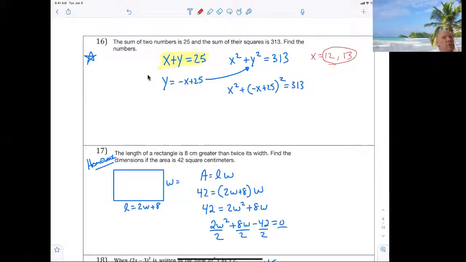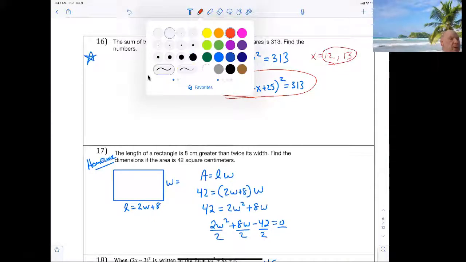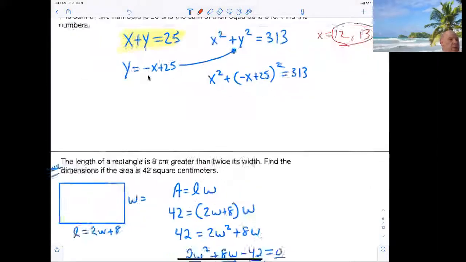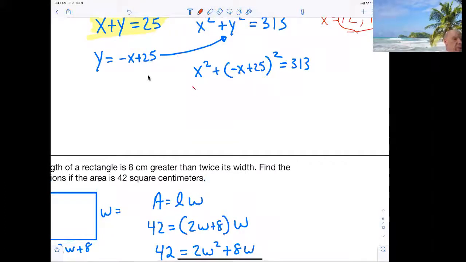Anybody have any issues? You mean just work this out right here? Yeah. All right, so again, this becomes x squared plus, now the first term is negative x squared, which is x squared.